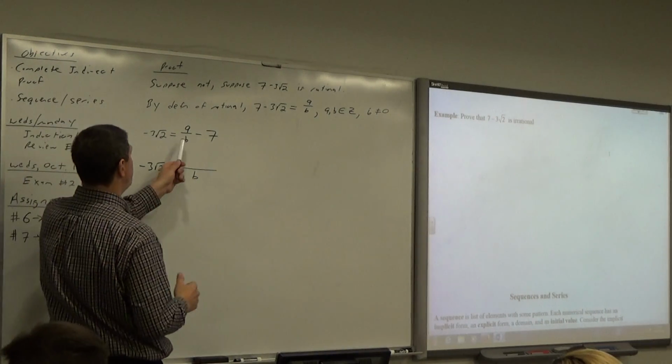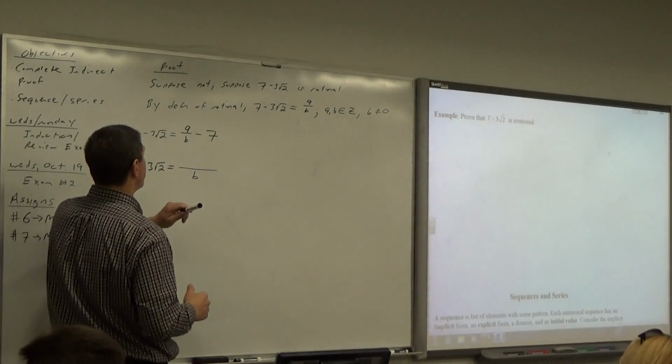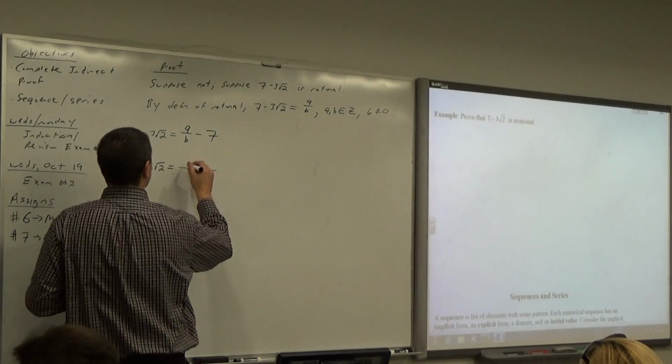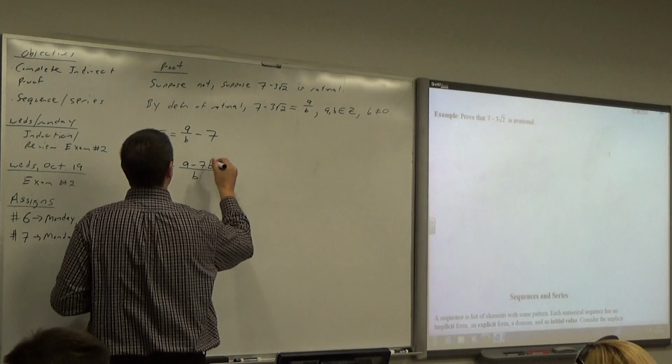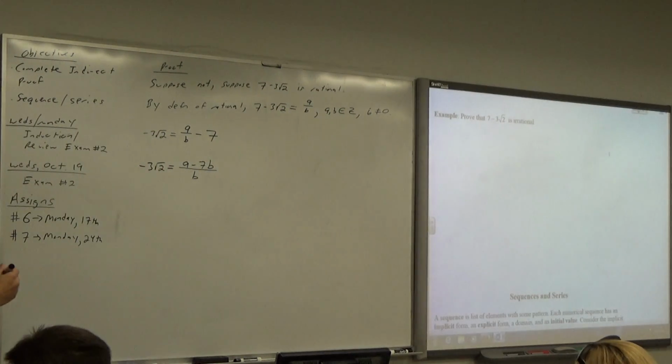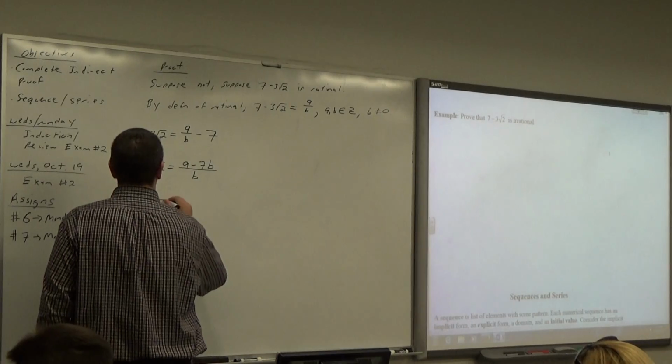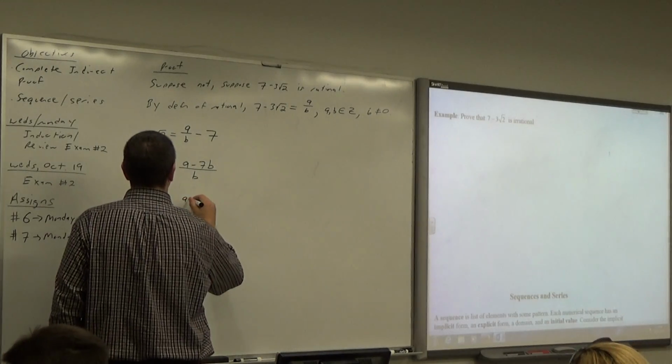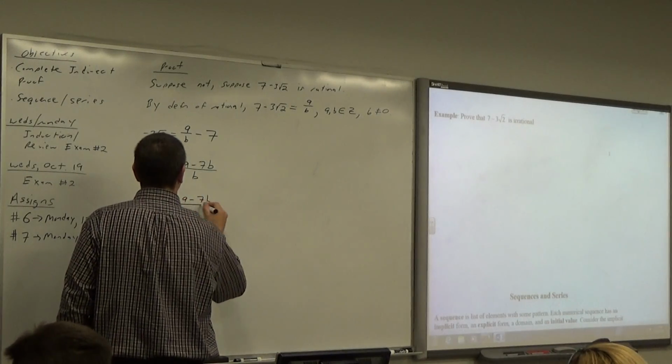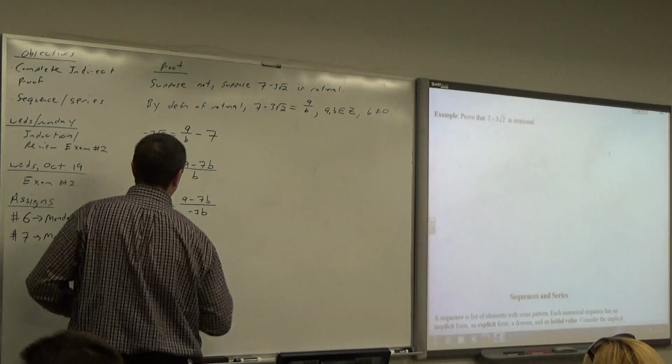The common denominator is b. a already contains a denominator of b, 7 needs the b. So a minus 7b divided by b. And then couldn't we divide both sides by negative 3, or multiply by negative 1/3, however you want to do it. So root 2 is equal to a minus 7b divided by minus 3b, right guys?